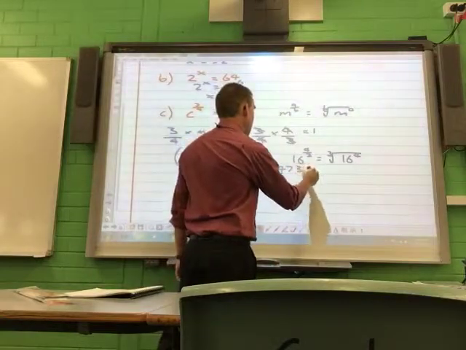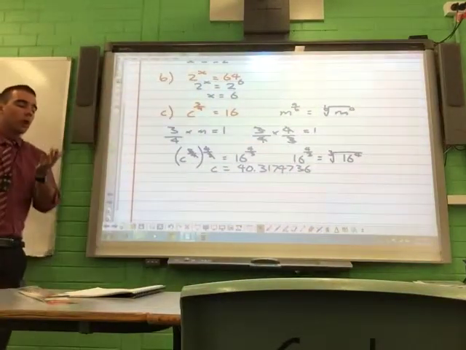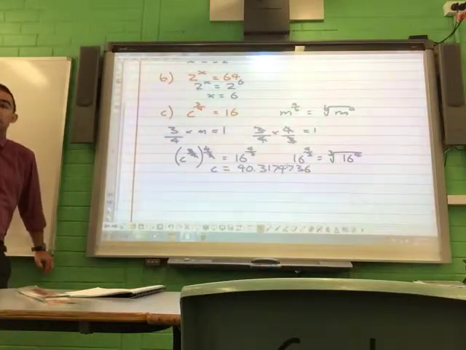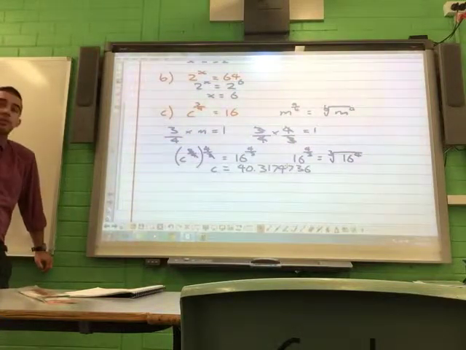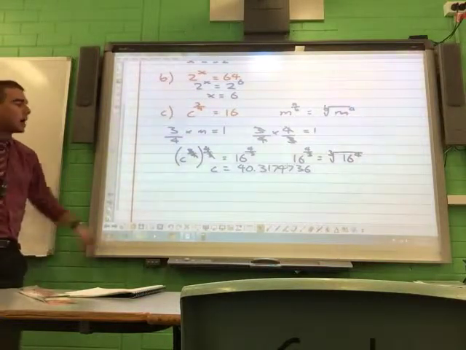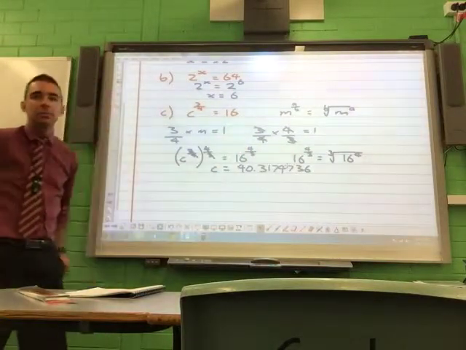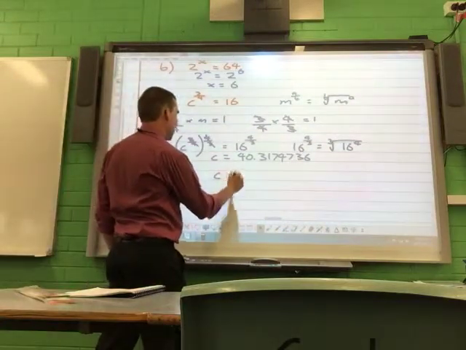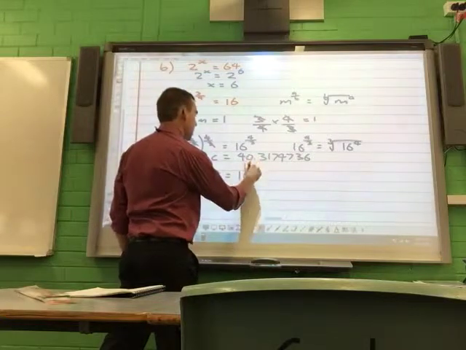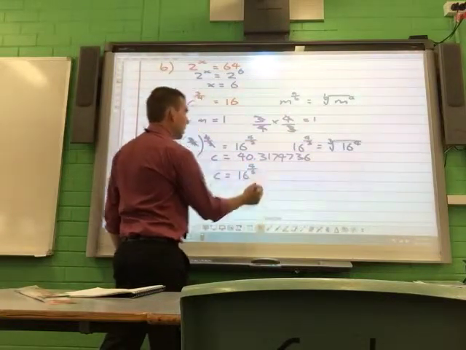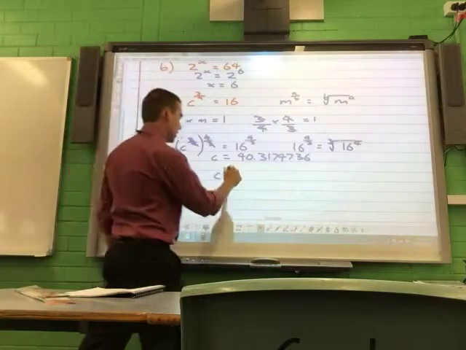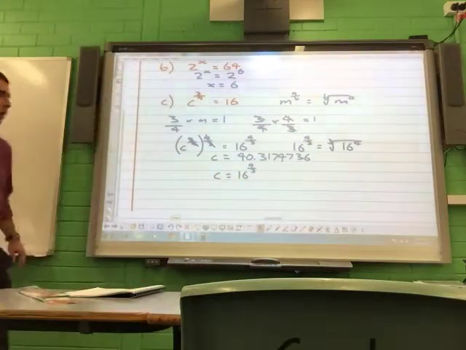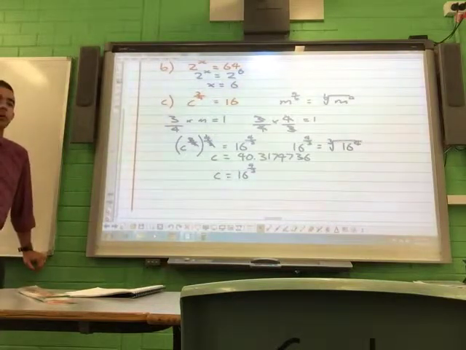Okay, this is an example of where the question has not asked you specifically to write a certain number of decimal places. Alright, so if that's the case, you will leave it in fraction form or index form. So your final answer will be c equals 16 to the power of 4 over 3, because you have not been told to do an approximation.